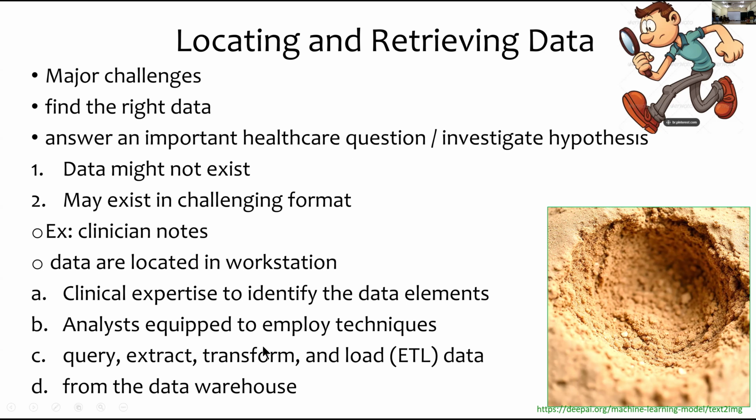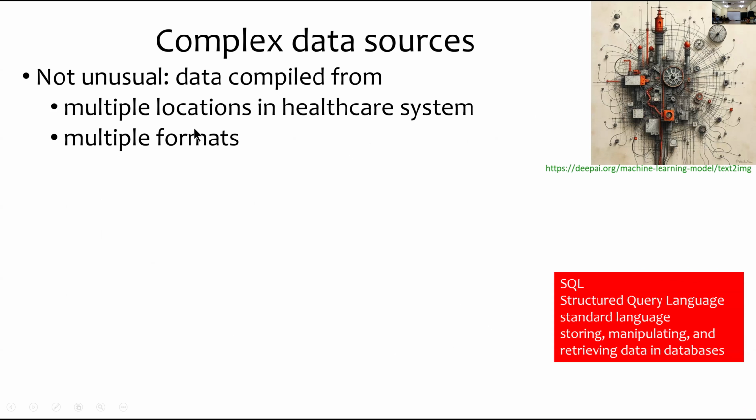So there are sometimes what are called complex data sources. It's not unusual that data comes from multiple locations. Let's say you want to collect history and physical from medicine patients. Where will you get that information? From the history and physical, but for already discharged patients, from the discharge summary in the clinical workstation or electronic medical record.